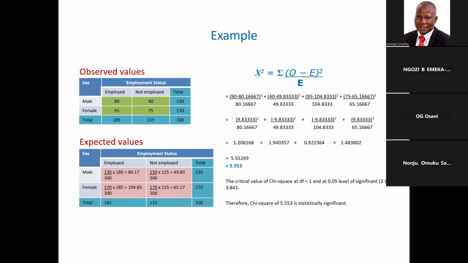Anything you calculate less than 3.84 shows that the corresponding p-value will be greater than 0.05. There is no significant difference. But in our conclusion, because our value is far higher than 3.841, you cannot say there's no significant difference. So there is a statistically significant difference in the employment status of male and female.